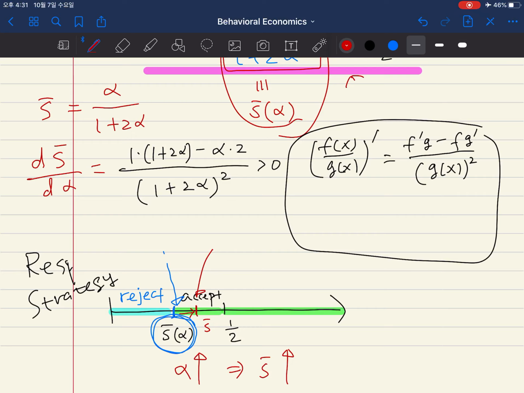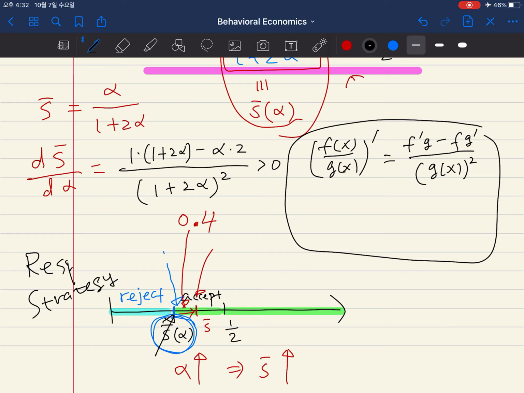So for example, let's say here the number is 0.4, so 40% of the resource. If S upper bar is here, it means the responder is the type of person who doesn't have that kind of big envy.